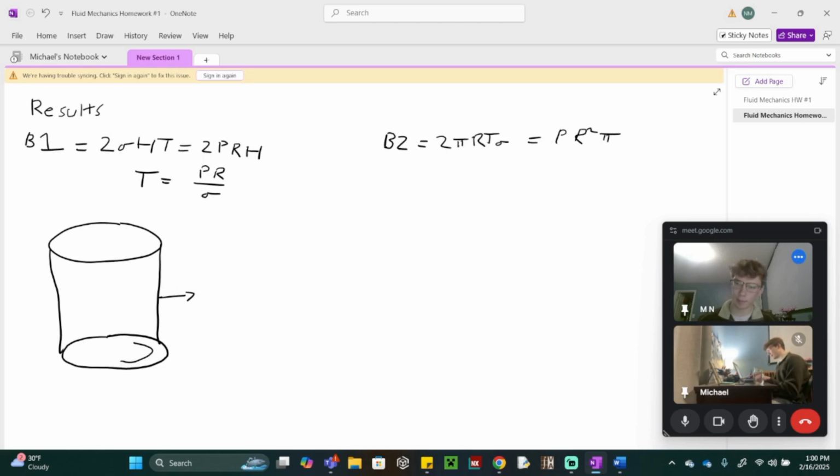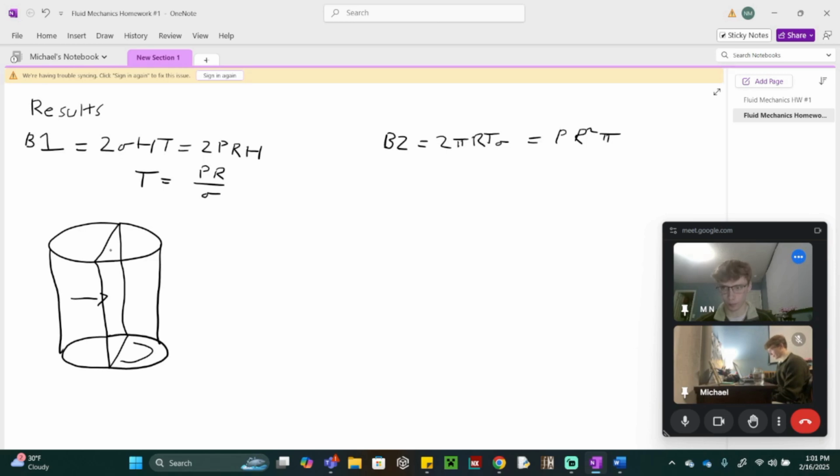However, if we think about this in a different way, if we use a plane to cut our cylinder in half, and we think about the fluid on the opposite side of our container, it is applying a pressure force perpendicular to this plane to keep our cylindrical container from accelerating.